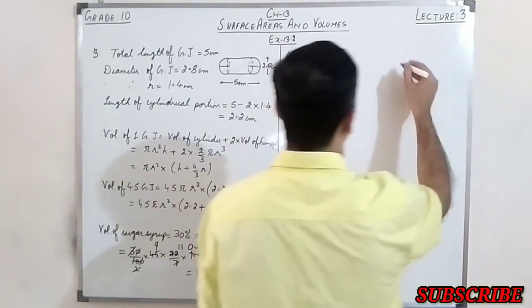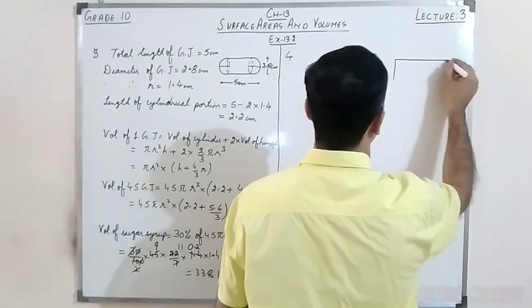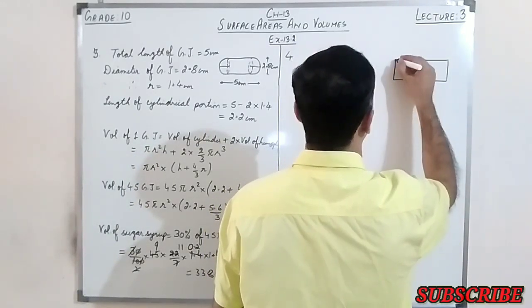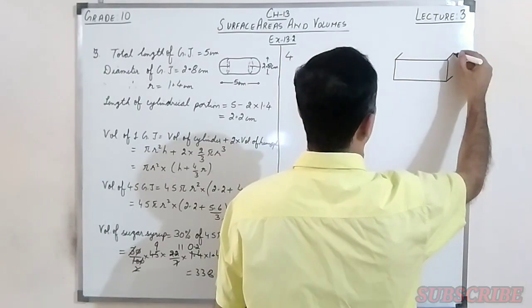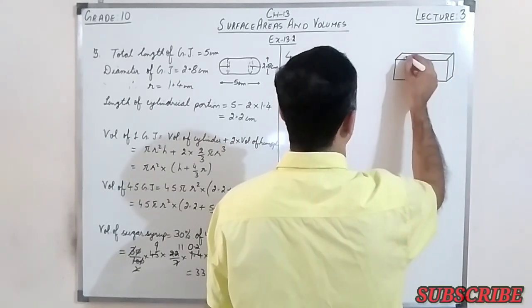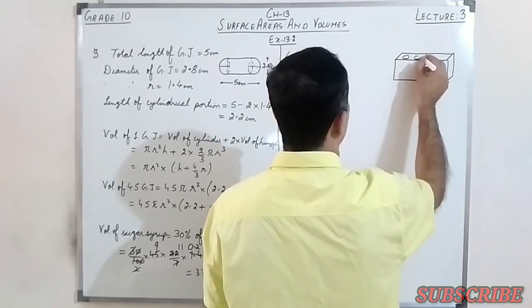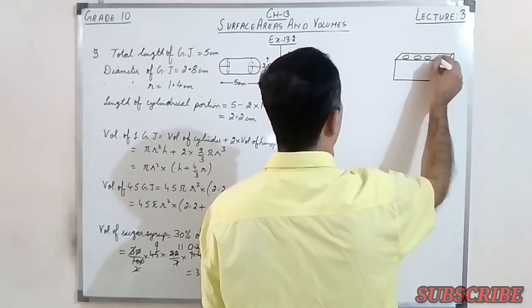Well, we have a cuboidal pen stand basically, so it would be something a shape of like this. And there are 4 conical depressions: 1, 2, 3 and 4.